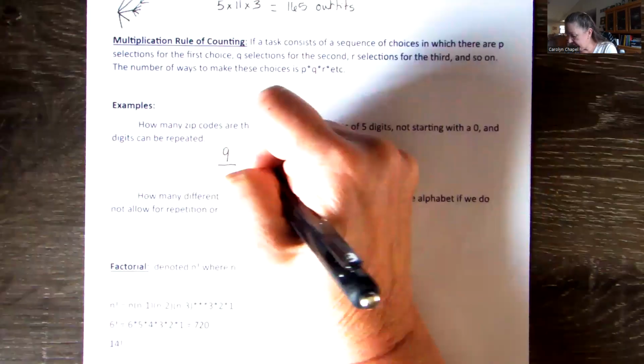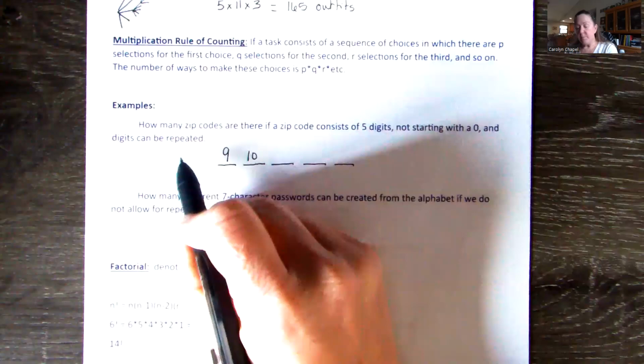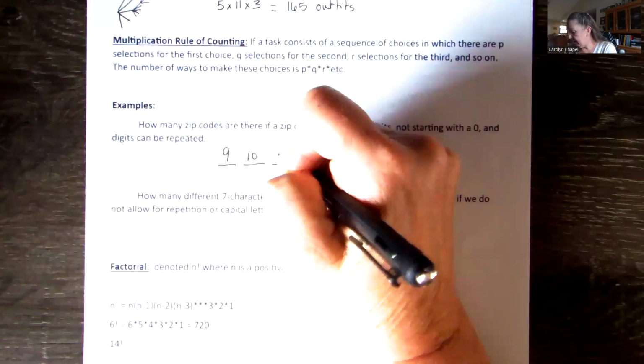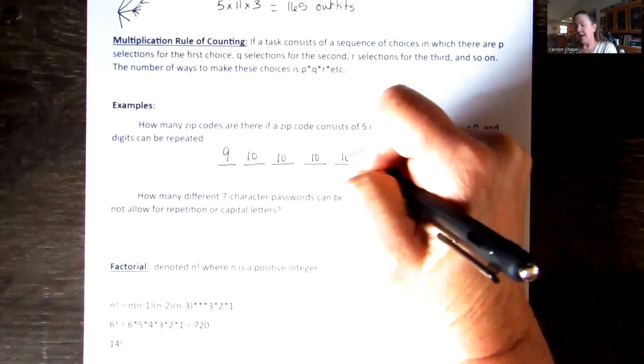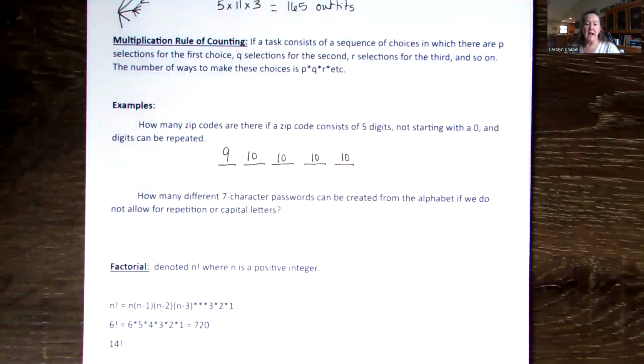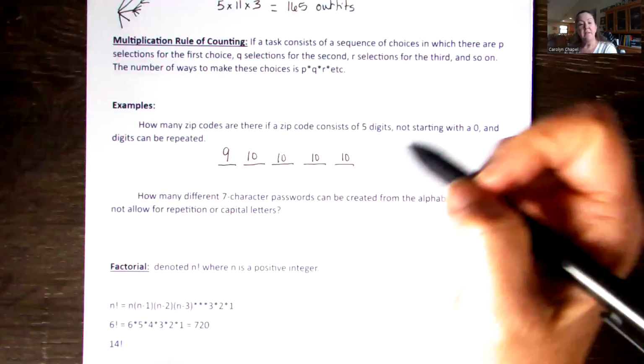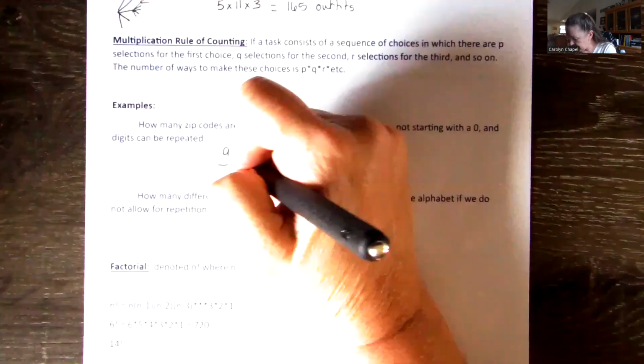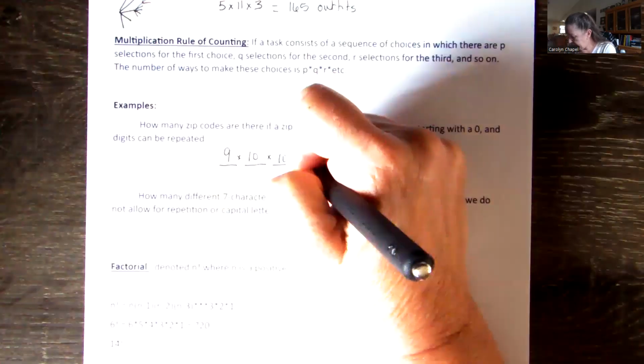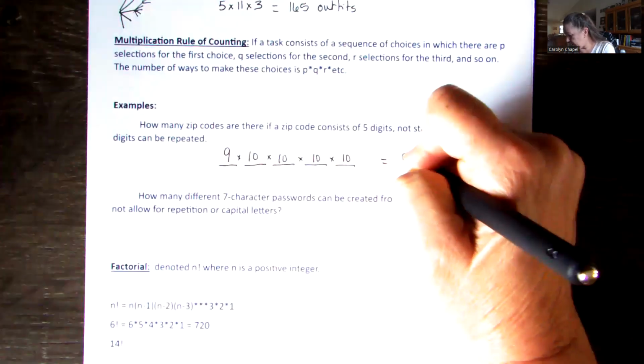So I have 10 choices here. And again, we can repeat, so the 10 and our 10 and our 10, because we have no restrictions on those other places. And then the multiplication rule says we just need to multiply those together.